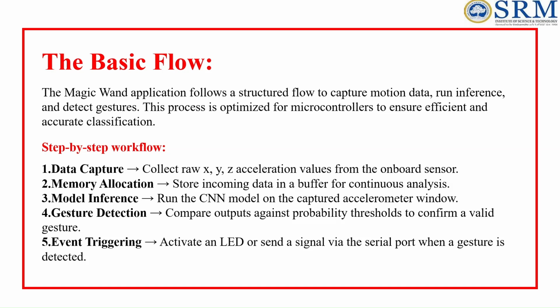In the next part of the course, we will be moving to even deeper parts like the accelerometer handler, gesture predictor, and the output handler. We'll also discuss how these modules are optimized to work on resource-constrained microcontrollers like Arduino Nano 33 BLE Sense. This marks the transition from high-level design to low-level implementation, where the real fun begins. So, let's go. Thank you.